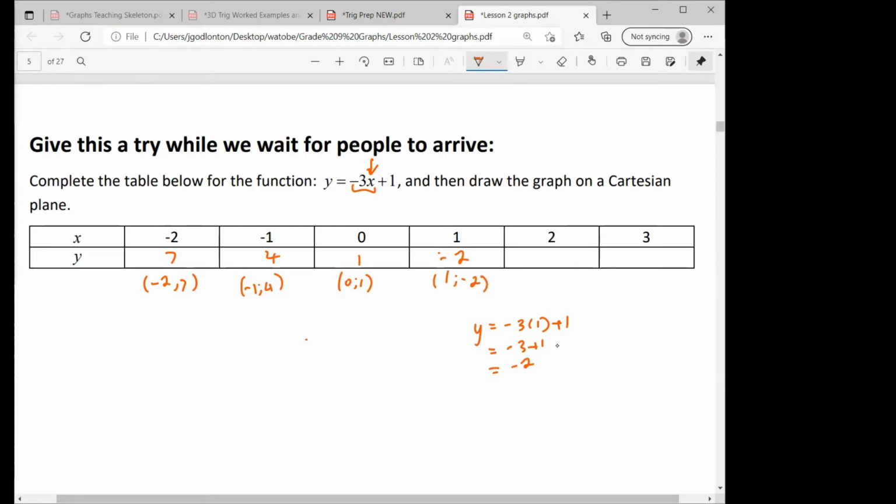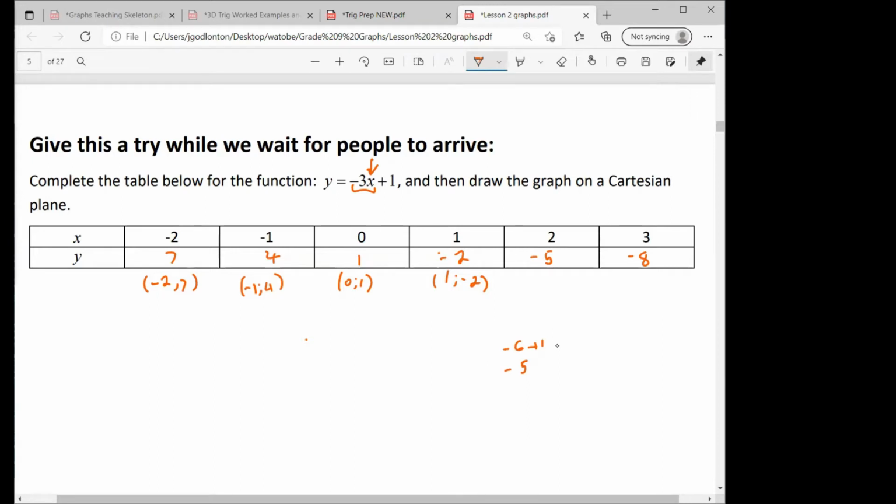And if it was a 2, we'd have a -6 plus 1, which is -5. And our last one will be -8. Okay, so let's write those coordinates down.